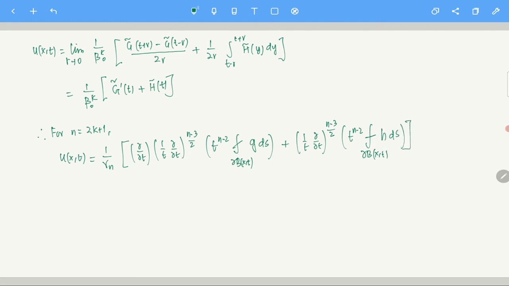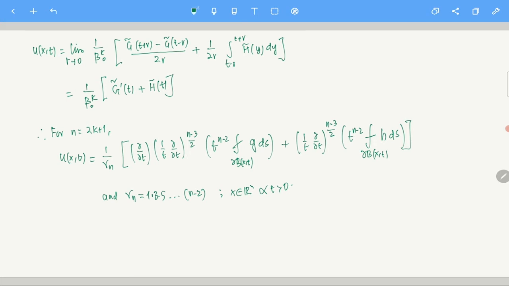So this is when n is odd, and gamma n is essentially the product 1, 3, 5 till n minus 2. Here x is in R n and t is positive.